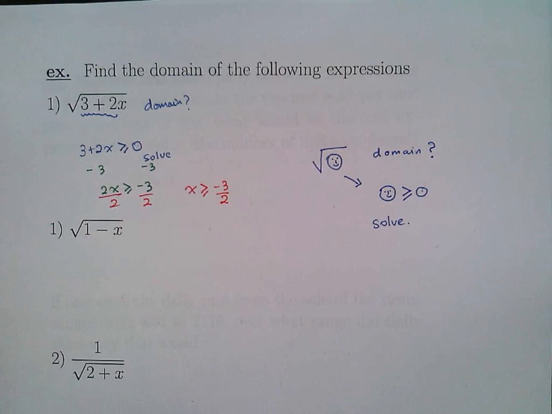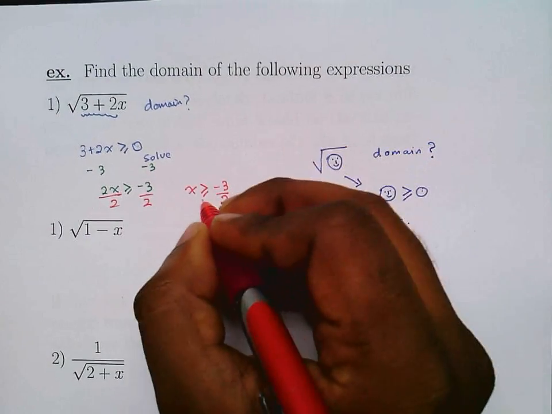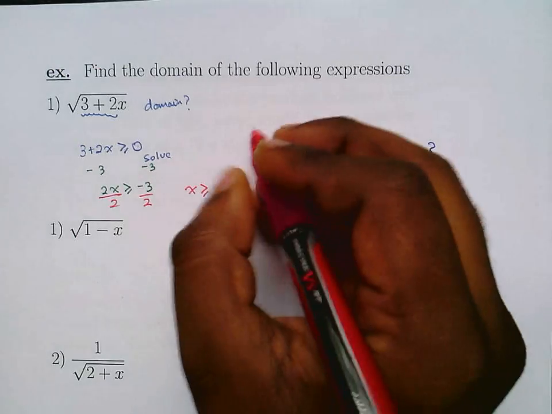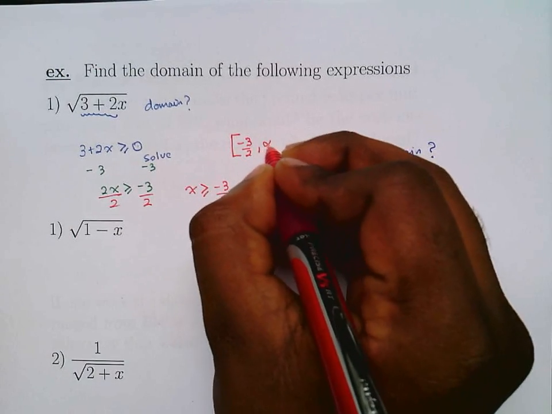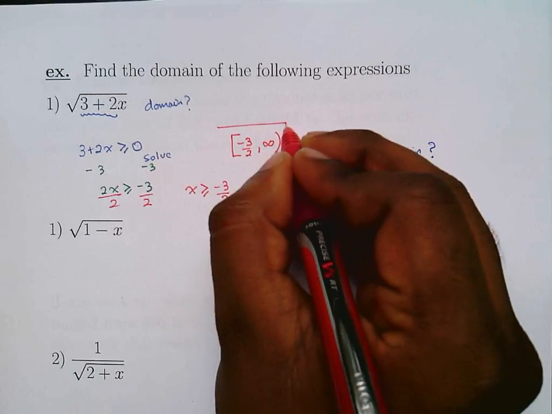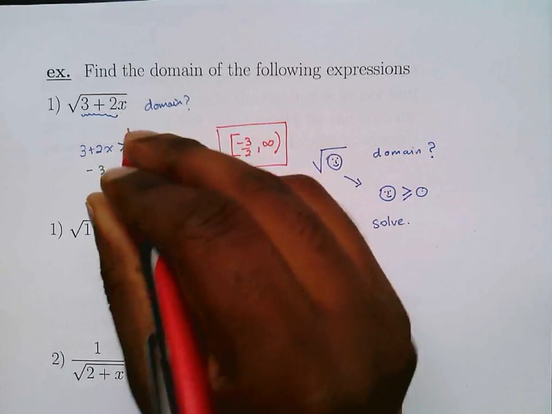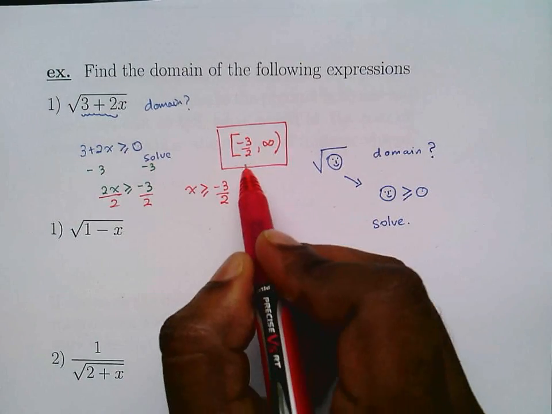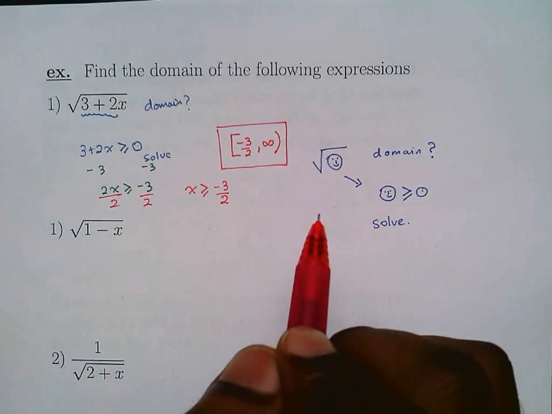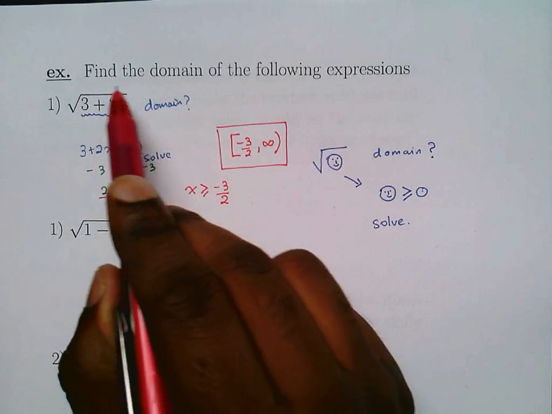So just finish the question by writing it in interval notation. X is greater than or equal to negative 3 over 2. That would be negative 3 over 2 to infinity. So that is the domain of the expression, which means you can put in any number from negative 3 over 2 to infinity and get a valid expression.